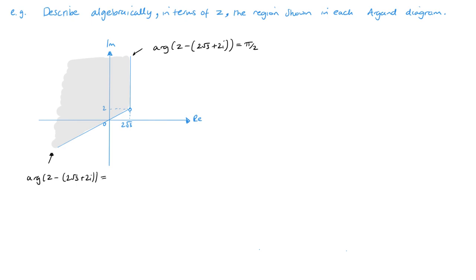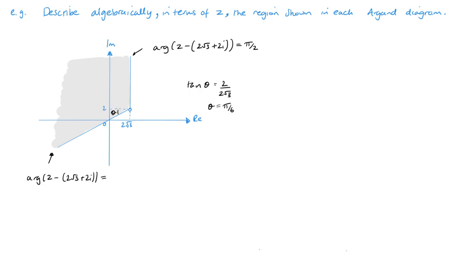I need to work out this angle here, call that theta. We have opposite and adjacent, so tan theta is opposite, which is 2, over 2 root 3, which gives pi by 6. So this angle here will go from this way round to this way.